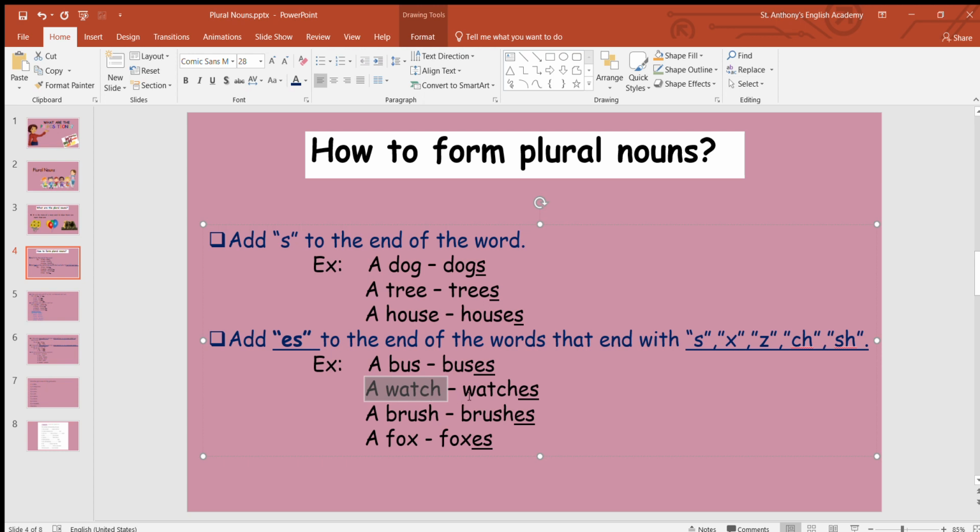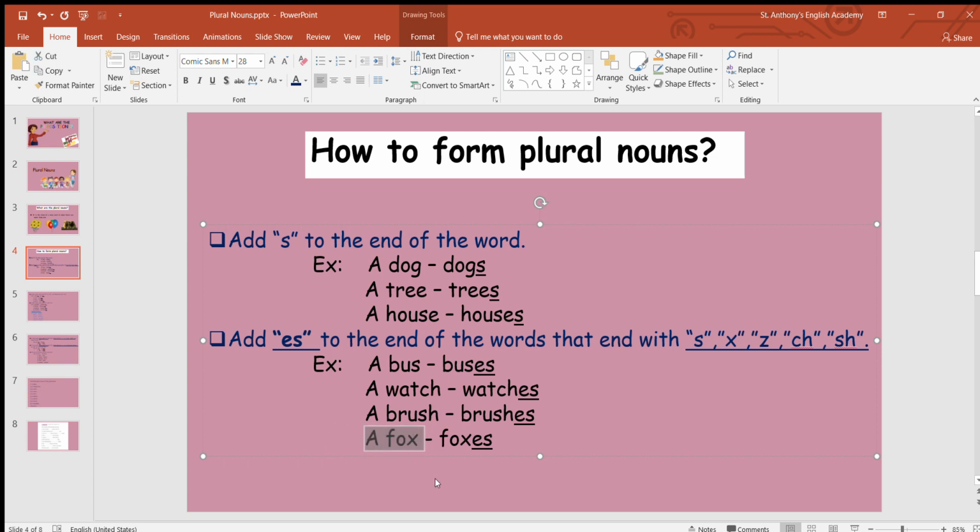So what is the plural noun? Watches. Next one. A brush. Last 2 letters are S and H. So how to form the plural? You can add ES. So the word becomes brushes.